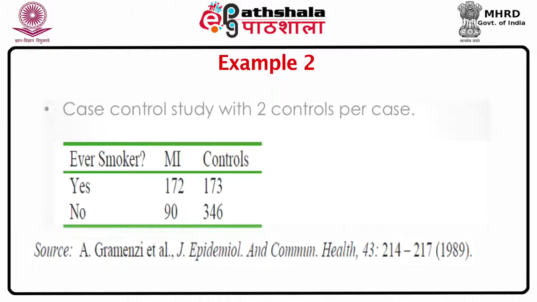Now, there is another subtle point here, which is that along the columns, I have classified subjects as having experienced MI and not having experienced MI. Now, having experienced MI is relatively easy to identify from physician records, but not having experienced MI is not really a very descriptive idea.